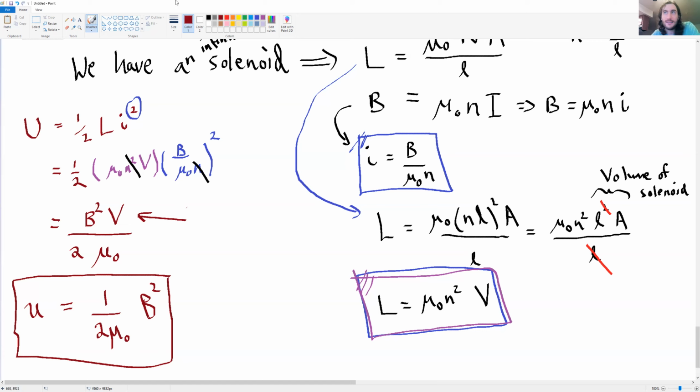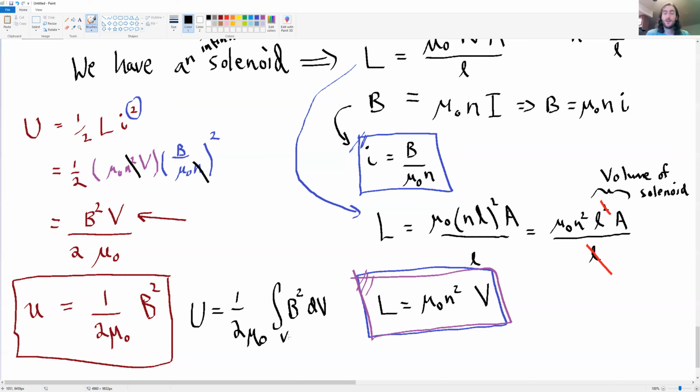So if you wanted to know the energy in some region of space where the magnetic field varies with respect to time, then you would just integrate b squared over that volume v, and that is how much energy is stored in space due to the magnetic field.